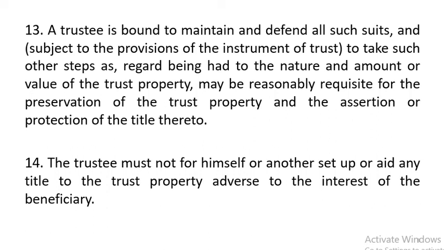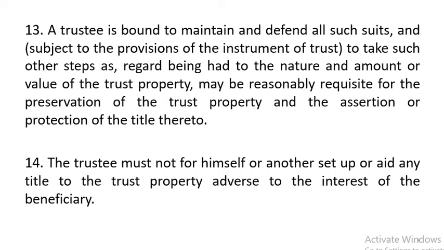Now we will see section 14. The trustee must not, for himself or another, set up or aid any title to the trust property adverse to the interest of the beneficiary. Now section 14 forbids a trustee to set up or aid a title adverse to the trust property.